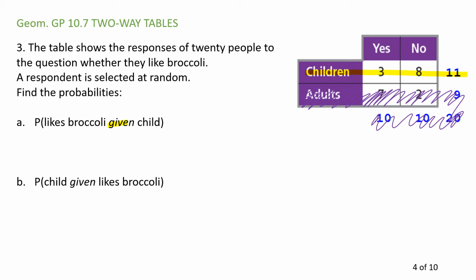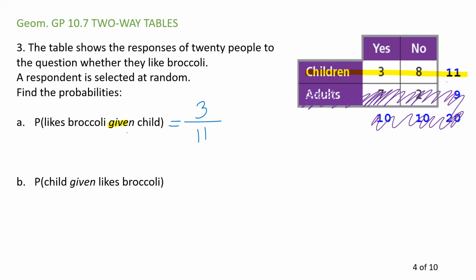Among these 11 people, what's the probability that a person likes broccoli? Conditional probability says I'm no longer looking at this total of 20. I'm only looking at 11. So my denominator has changed because I'm only looking at those 11 people. And of those 11 people, how many of them like broccoli? Well, 3.